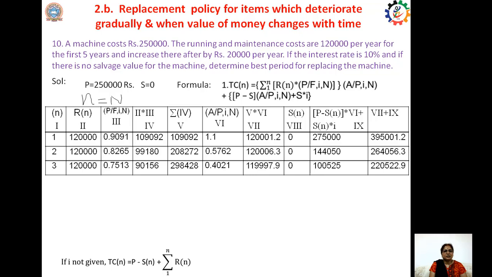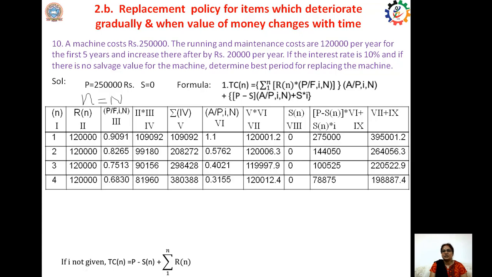So the third row, similarly, this remains the same. This is from the table for the third row, 10%, and this is this into this, summation. These two you have to add, you get this. Then this from the table, 10% for the third row, 5th and 6th, you get this. Salvage value 0. Do this calculation using this one, and if you add 7th and 9th, you get this.